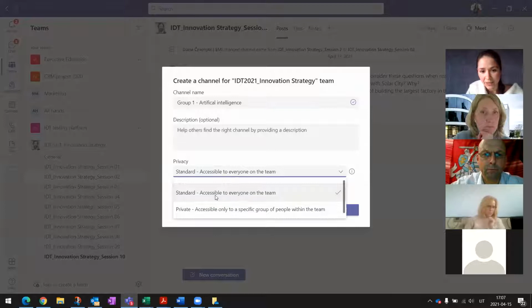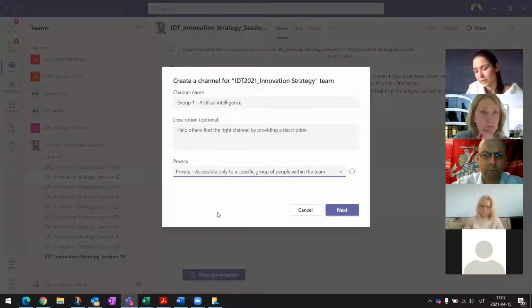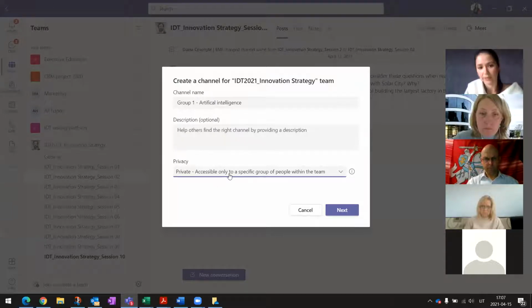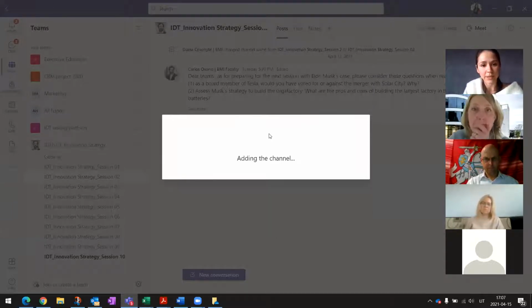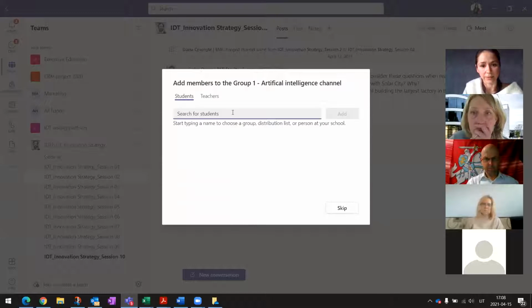And then make it not standard, but private. If you put private, that means it will be accessible only to the people you add. So not even me, I won't see the content. It's only your group members whom you add. So you write the name, put private, and then the channel will be added.